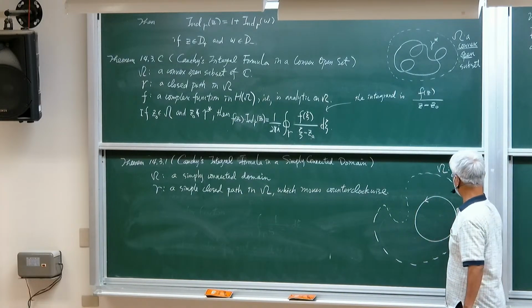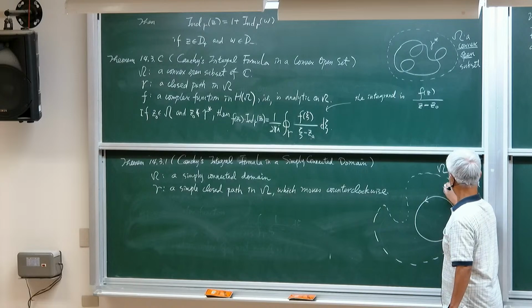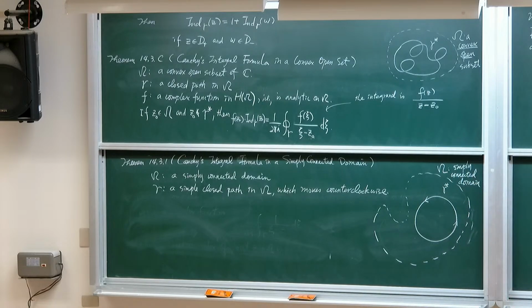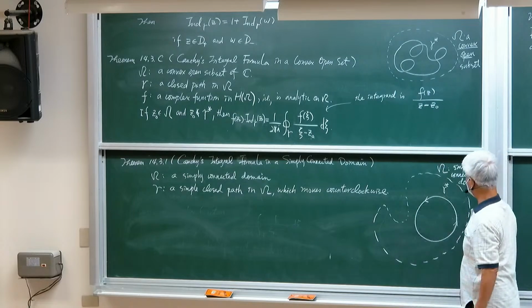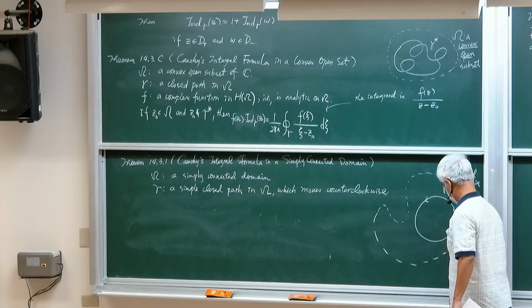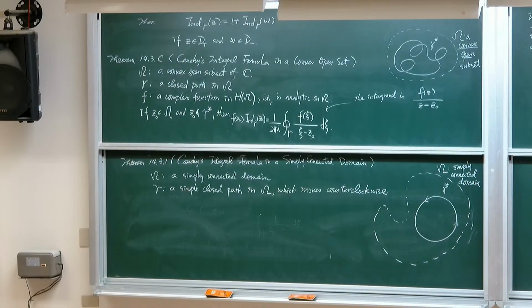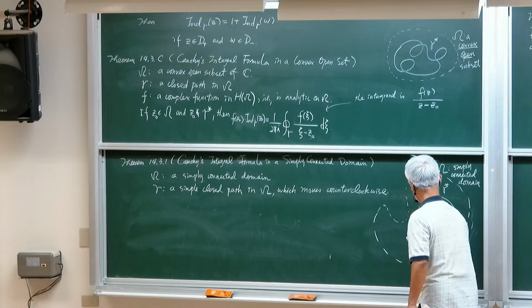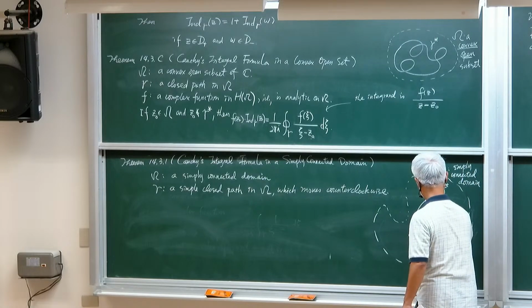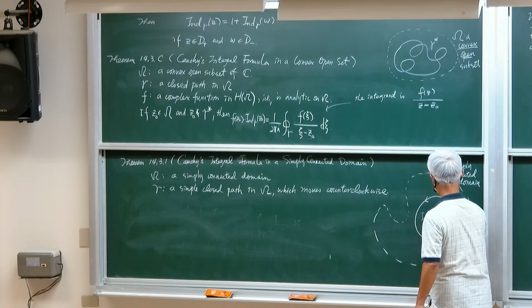So this is the orientation here, gamma star. And so you can see the index here is 1.